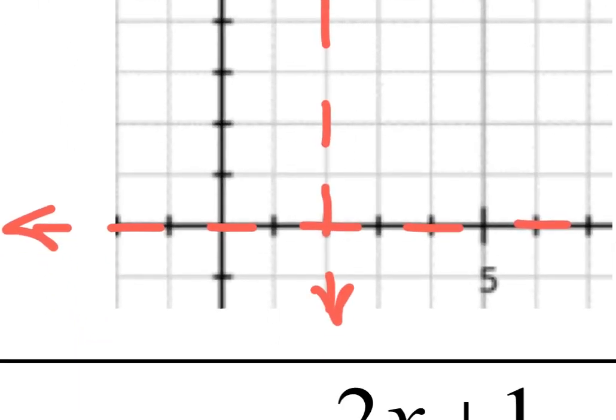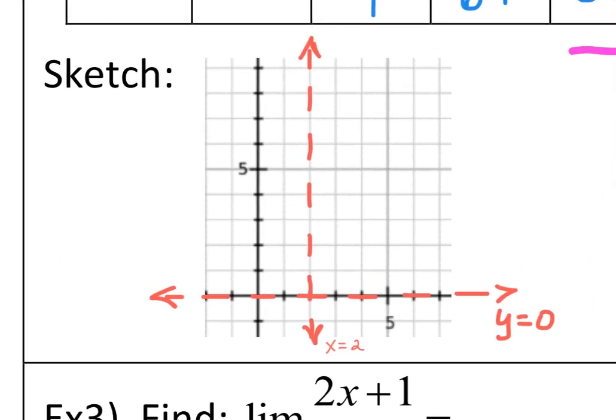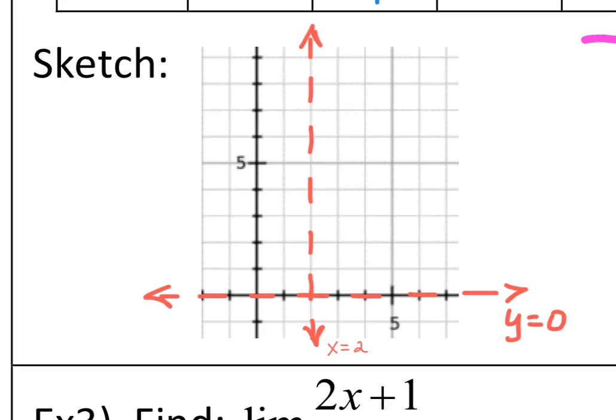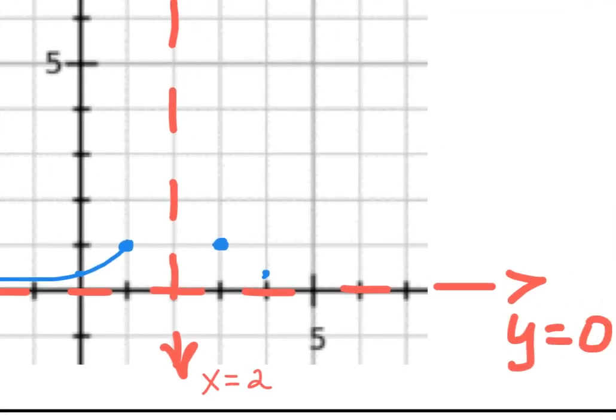And what you can't see is me turning the iPad in all kinds of weird directions in order to be able to draw these graphs accurately, or semi-accurately, or hopefully a little bit accurately. Anyway, you don't need to graph a whole lot of points. There's a point at 1, 1, and there's a point at 3, 1. And then the graph approaches the horizontal asymptote like this here, and on the other side as well, like that.